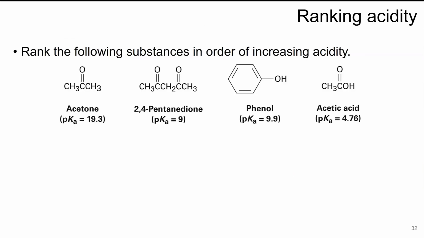If we want to rank these substances in order of increasing acidity, we want to remember that high pKa equals weak acid. So the value with the highest pKa will be the least acidic, and the one with the lowest value will be the most acidic. If I put this in order, acetone has a pKa of 19, the pentane dione has a pKa of 9, then 9.9, and 4.76. The weakest one will be acetone.